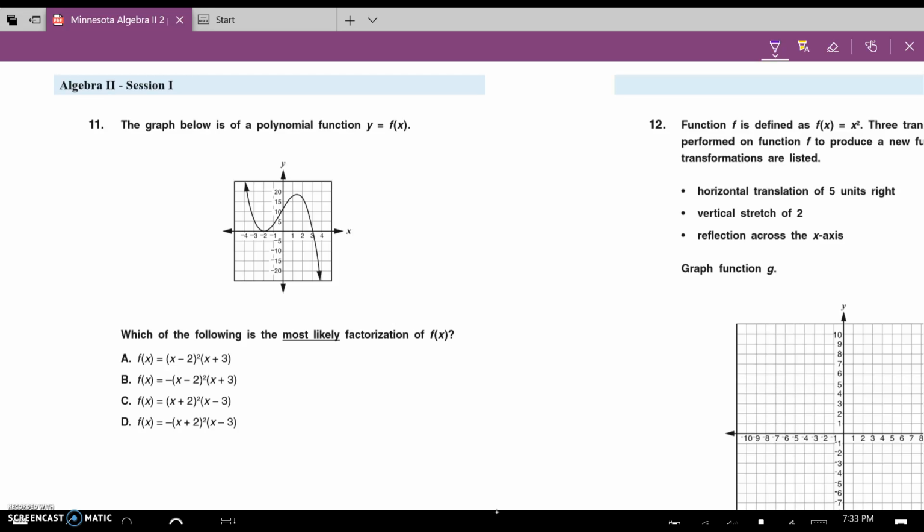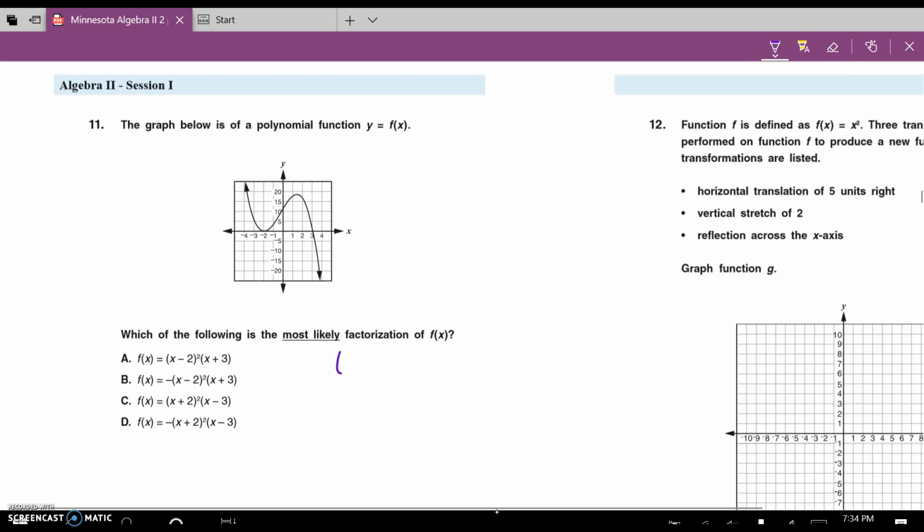So we've talked about multiplicity before, and if it has an even multiplicity, then it's going to bounce off, right? So if this number right here is an even number, then it's going to bounce and reflect off. If this number right here is an odd number, such as right there, then it's going to just cross. Okay, we talked about that a couple months ago.